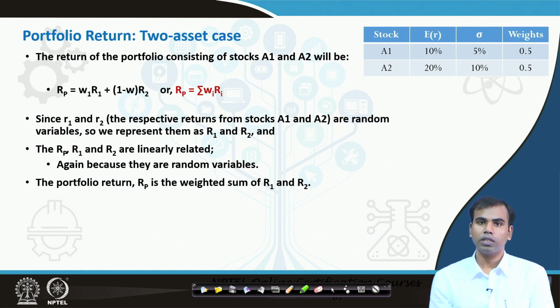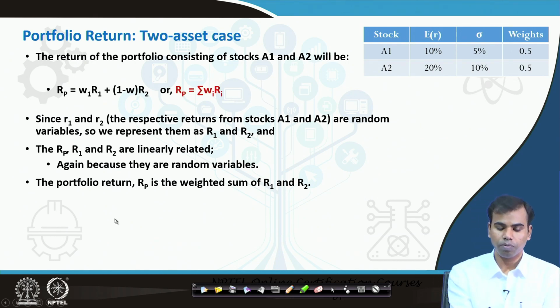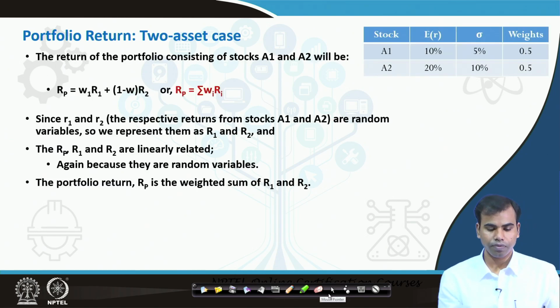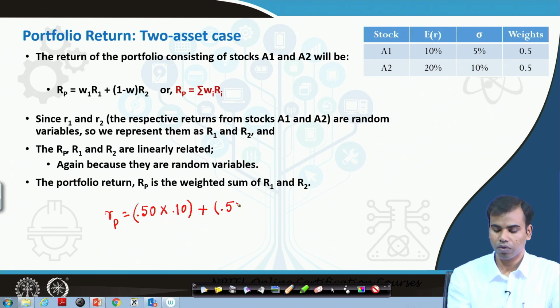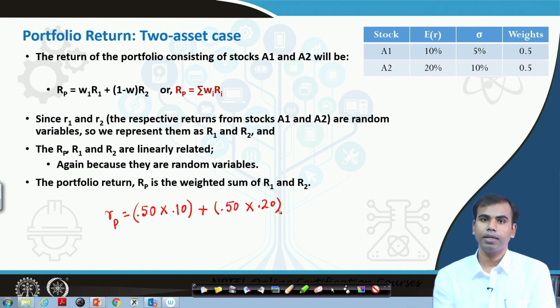So, if we try to calculate the return on this portfolio, it would be 50% weight in investment A1 into 10% of return for investment A1, and the remaining 50% of weight in A2 into 20% of return in A2.